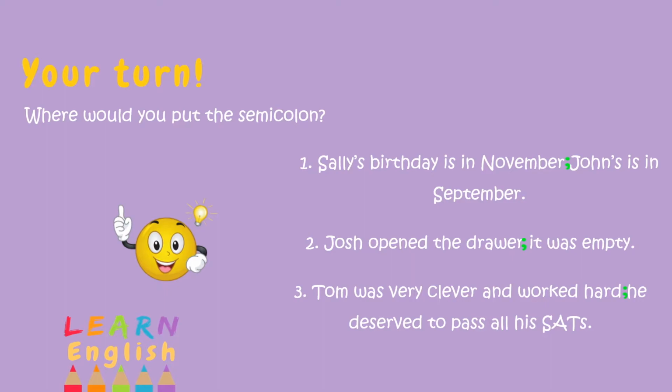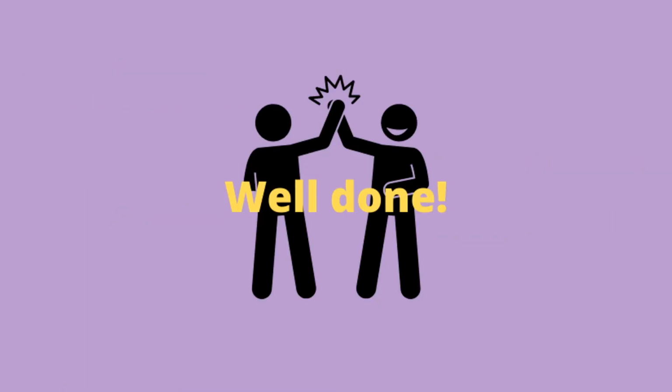For example, Josh opened the door, full stop. It was empty. And could you have put a connective there instead? For example, Josh opened the door, but it was empty. In this case, we know that we've used the semicolon right because we could have put a full stop or a connective there instead. Well done!